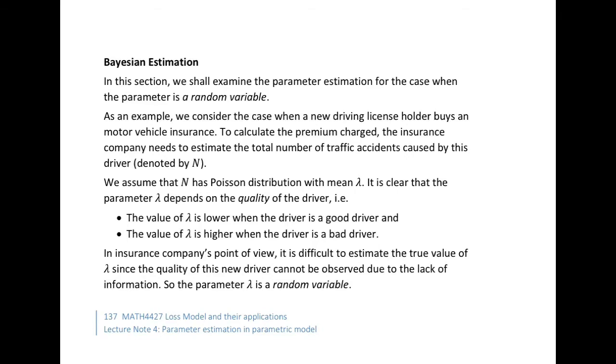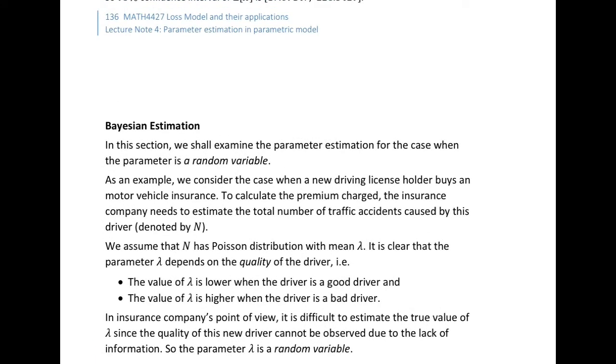Just recall what we have done before. In the previous session, we considered the case that you have a random variable, whether it is claim severity or claim frequency, and it follows a certain distribution, whether Poisson, gamma, exponential, whatever, with some unknown parameter, and our goal is to estimate this theta.